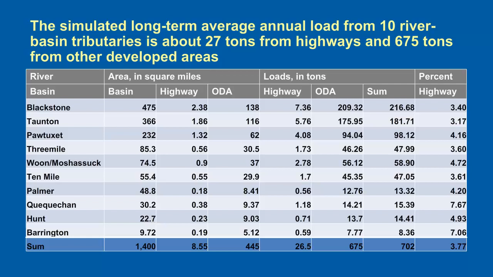Using these values, highways are about 2% of the developed area and produce about 4% of the loads from developed areas. If the National Stormwater Quality Database values are used, the non-highway developed areas produce about 1,100 tons of total nitrogen, and the highways are about 2.4% of the entire developed area stormwater loads.